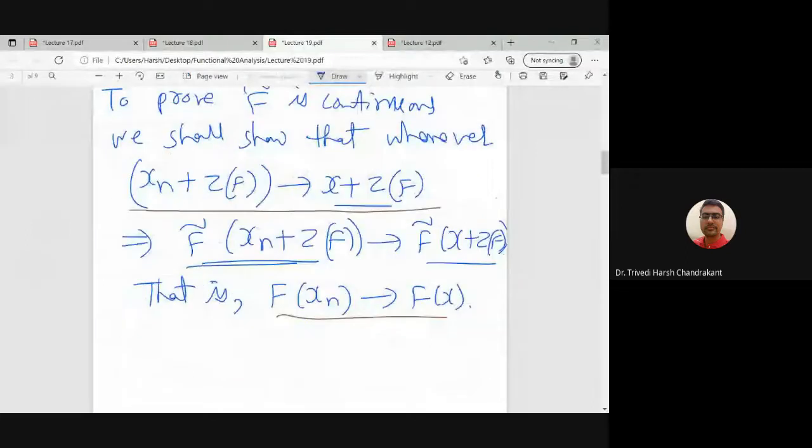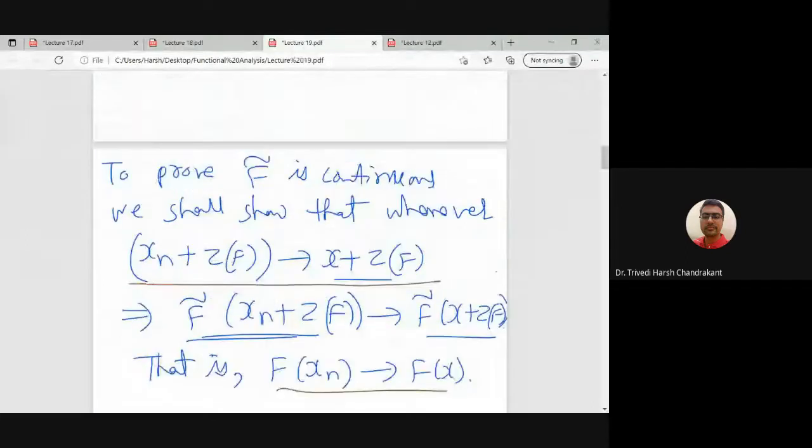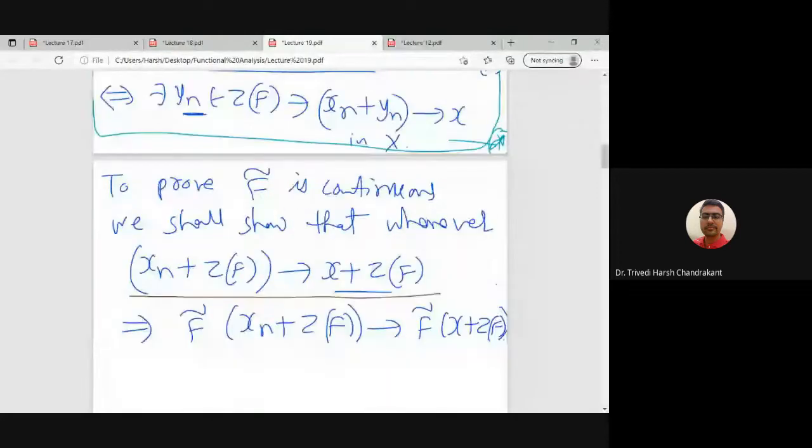So yeah, how to prove this? Again, we know that whenever we have a sequence in the quotient space, we get a sequence yn, right?